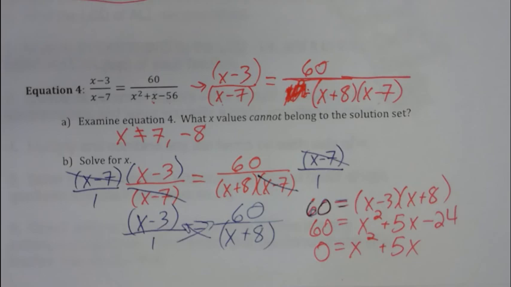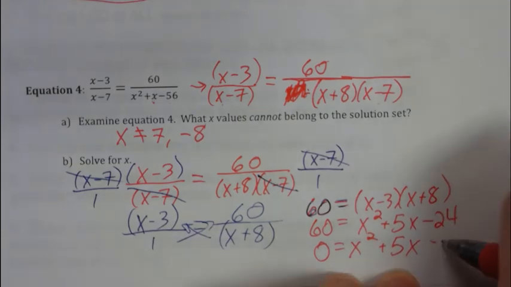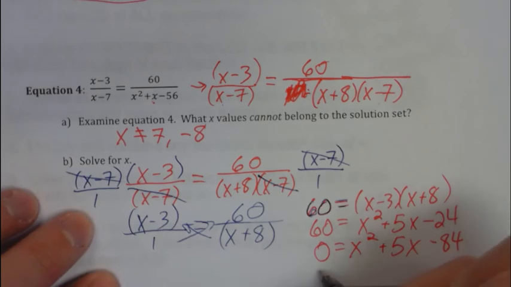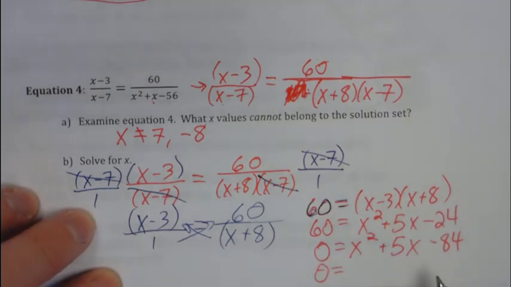And so we can approach that in a couple different ways. We can do the quadratic formula. We could factor, we could graph it. And so what I would want to do is try to factor it here. So it turns out the factors of 84 are 12 times 7.